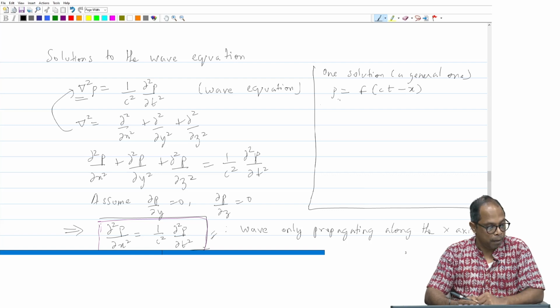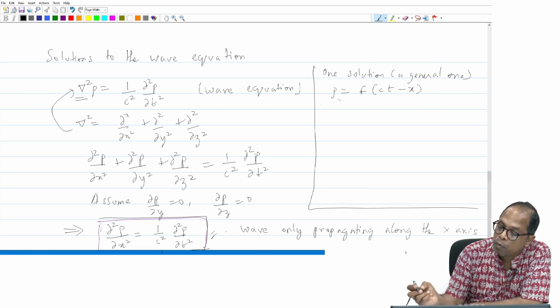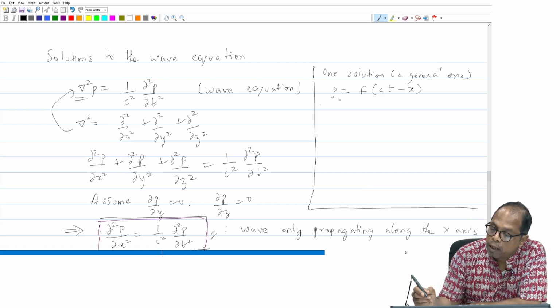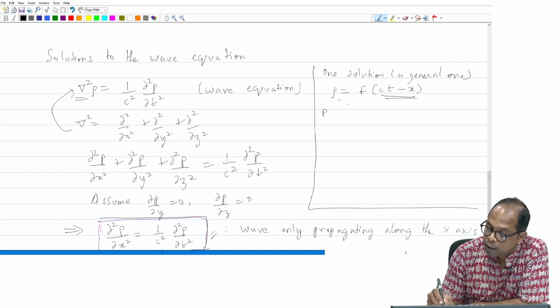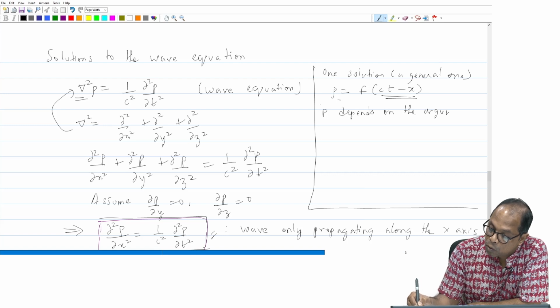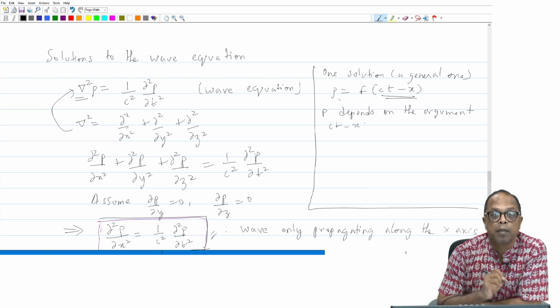Now, let us look at this one a little bit more. What this says is your p depends on the argument to f, which is c times t minus x.